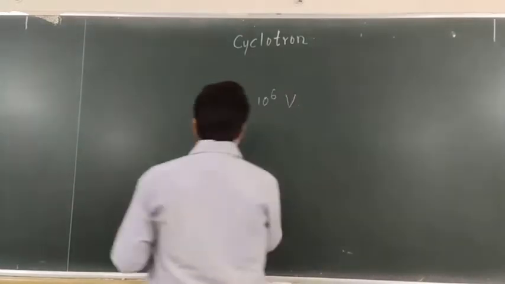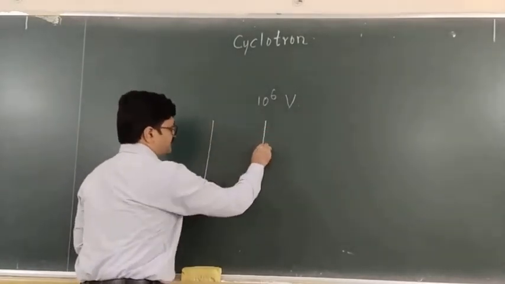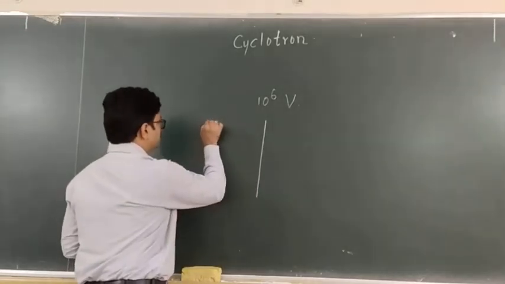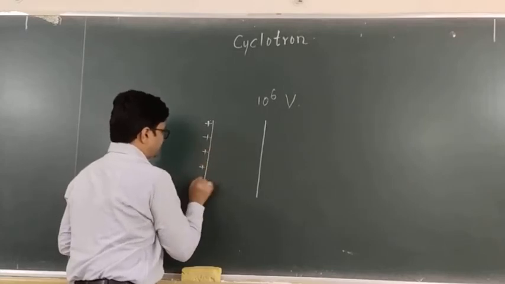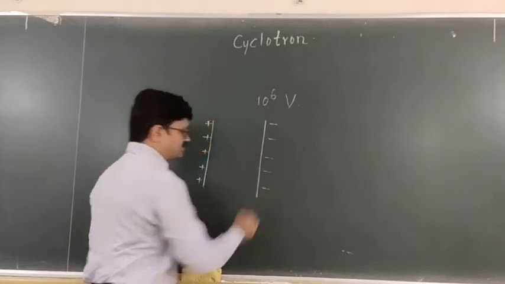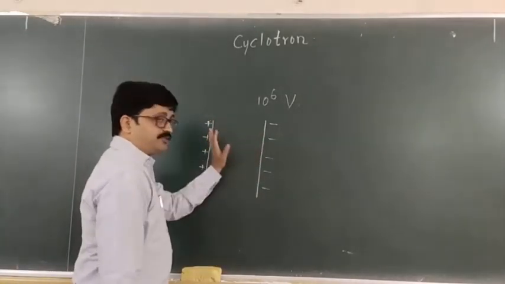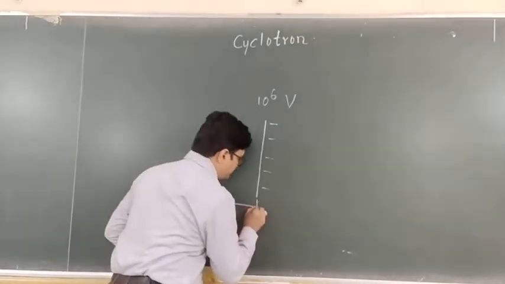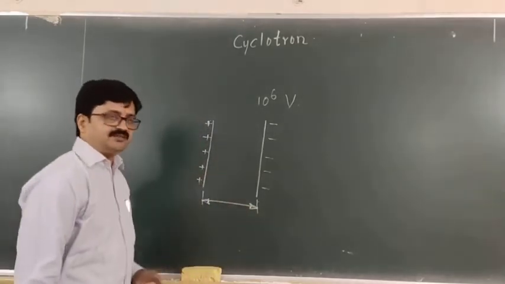Let us consider two plates like this. One plate is positively charged, another plate is negatively charged. When a potential difference is set between them, it is due to the electric field that is established.